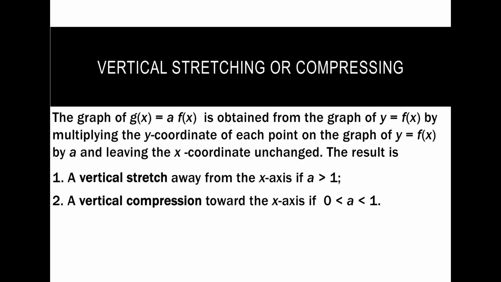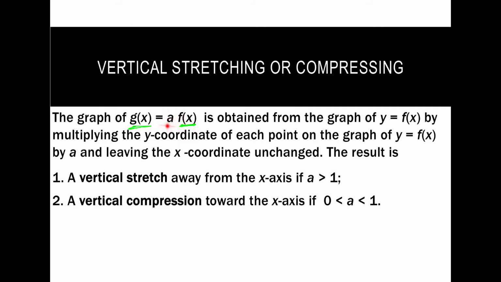We can kind of just give a description of this. We see the graph of g of x is a times our original graph, think of f of x as our original graph. So my g of x graph is a product of my original times something.